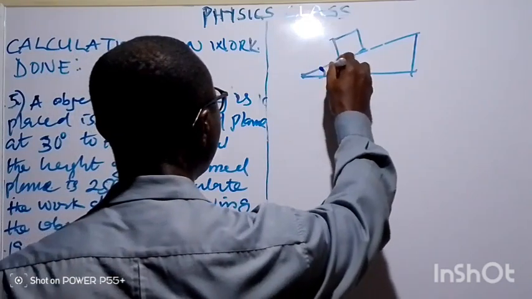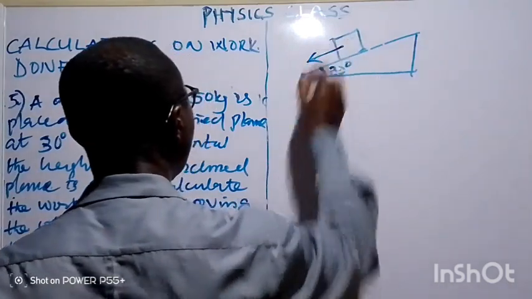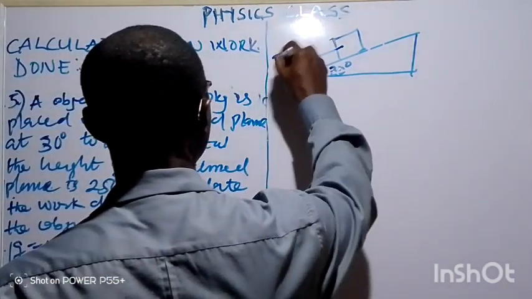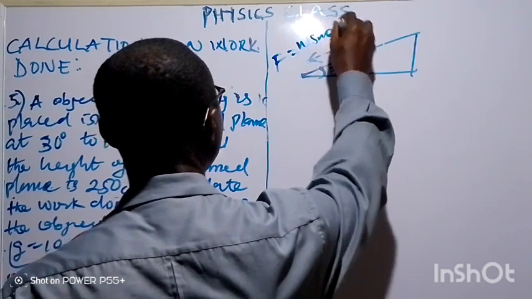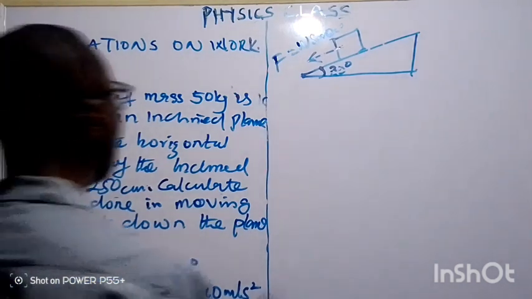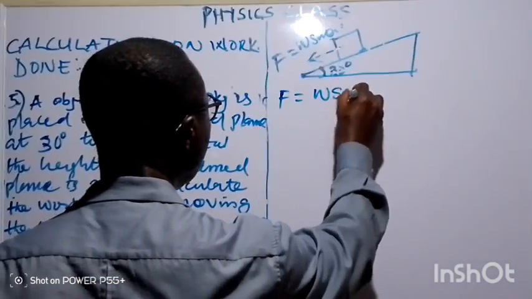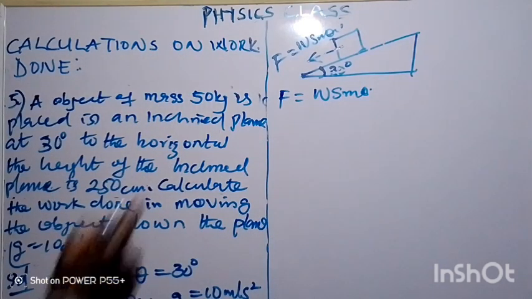This angle is 30 degrees. And to move this object, the parallel force on the plane will be equal to W sine theta. Don't forget that. So the force we require is W sine theta, because it will move down the plane.